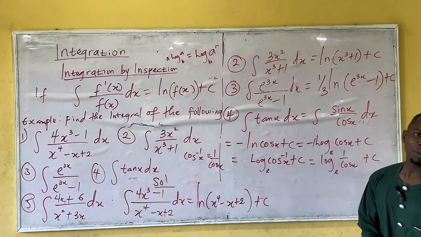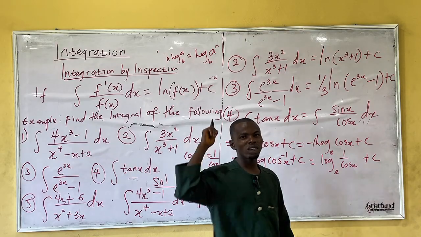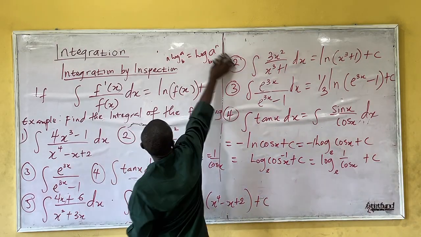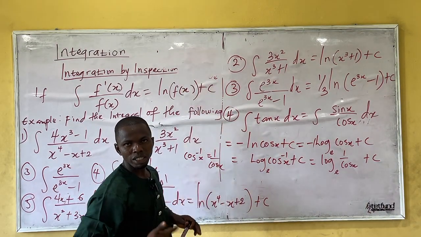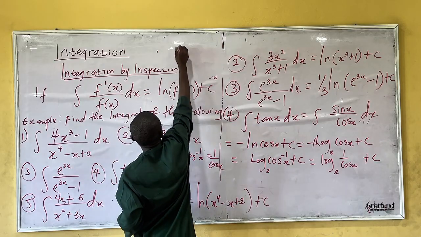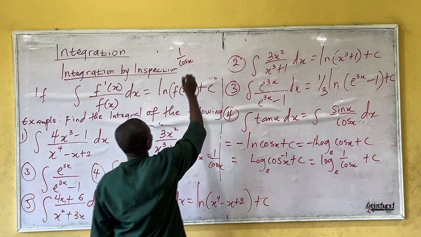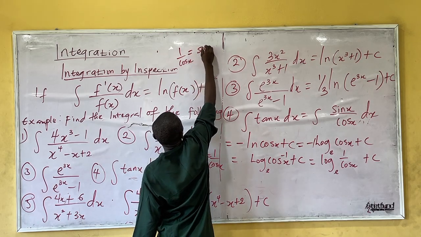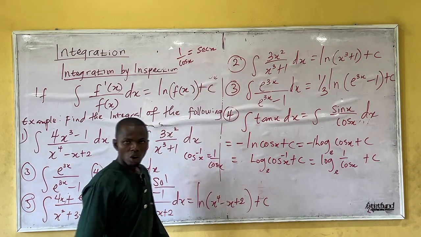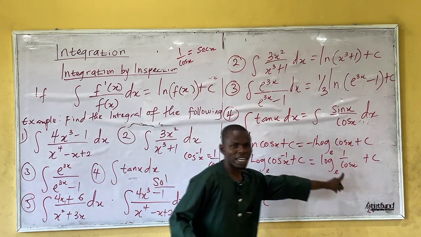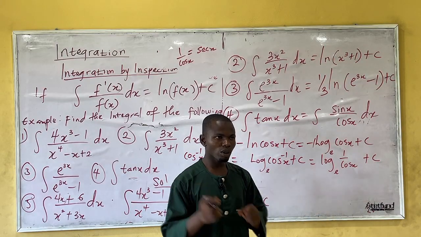Well, you can't still stop here because you now recall again. That's why you must have basic knowledge. Recall that in trigonometry, 1 over cos x is equal to sec x, which we call secant.